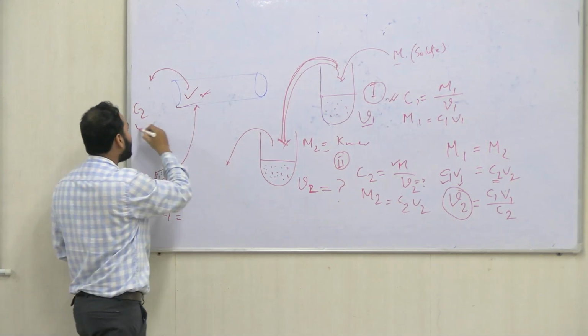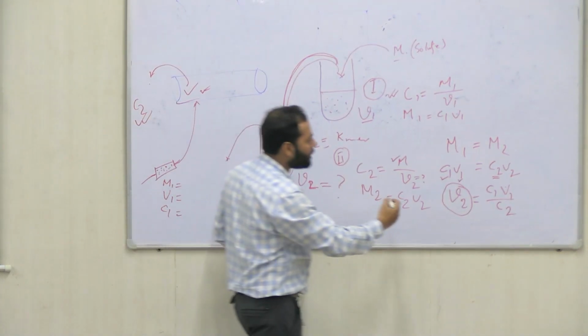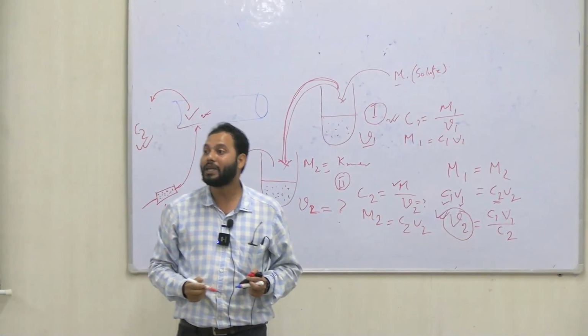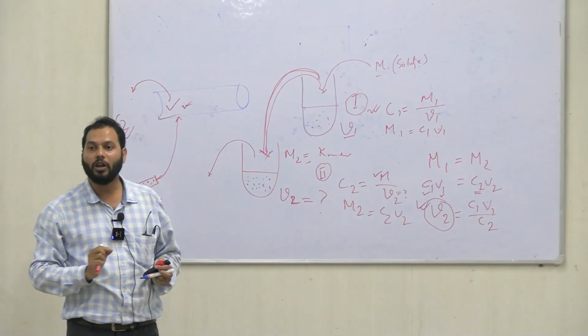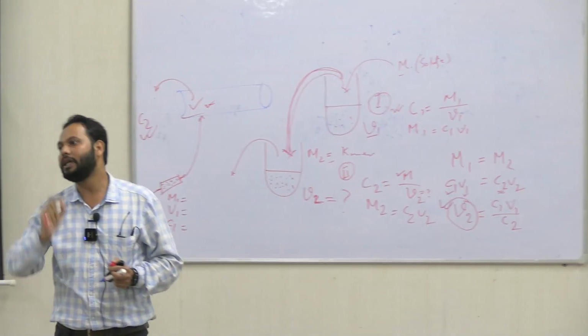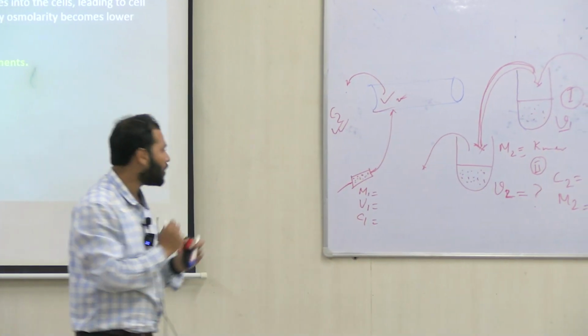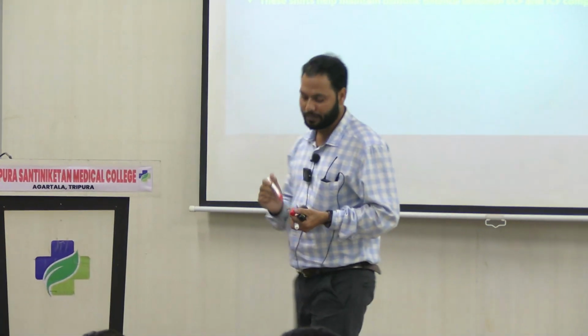After knowing the concentration, we use the values in this formula, right? In this way, we can measure the volume of a certain body compartment. This is the dye indicator method.